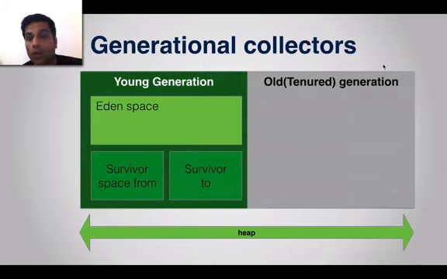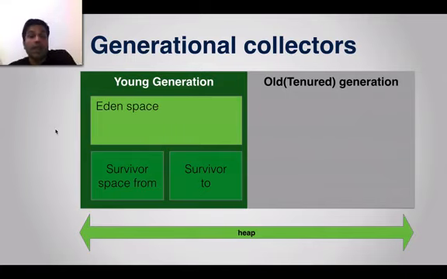The young generation is the place where objects are created initially. As the name indicates, it is for young objects, where new objects are created. The young generation is further divided into Eden space. Eden is a place where new things are created.